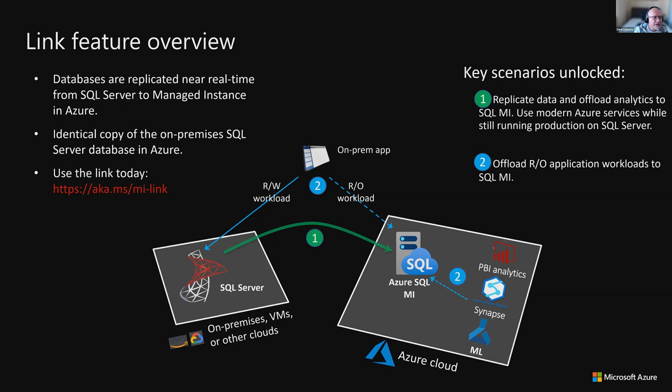So this is what it looks like in terms of the graphics. The application could be doing read-writes to your primary database on SQL Server, and then offloading read-only workloads to the managed instance side. When ready to migrate, the link could be severed, and then you are ready to move to the cloud.